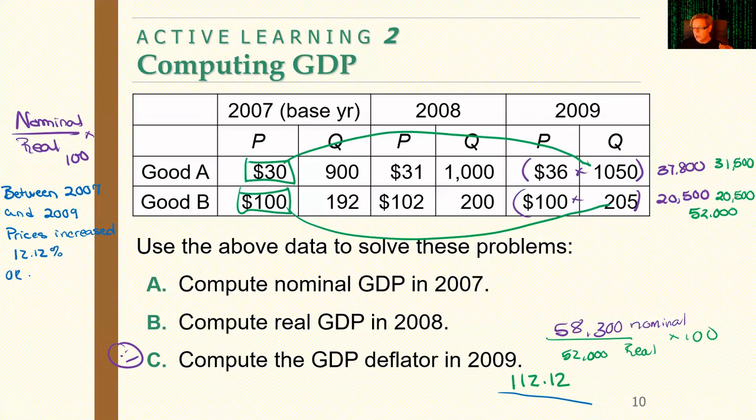Or a dollar in 2007, a 2007 dollar, is worth how much? You're right, 88 cents. And so therefore you go down to the dollar store, things are actually going to cost you $1.12.